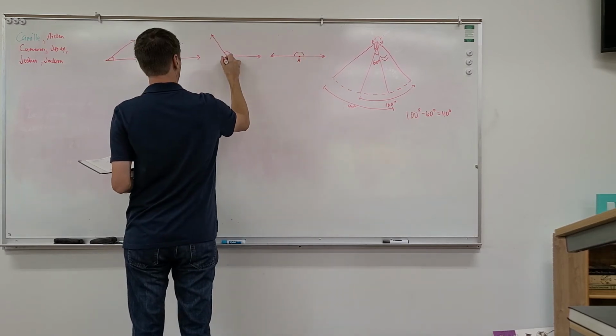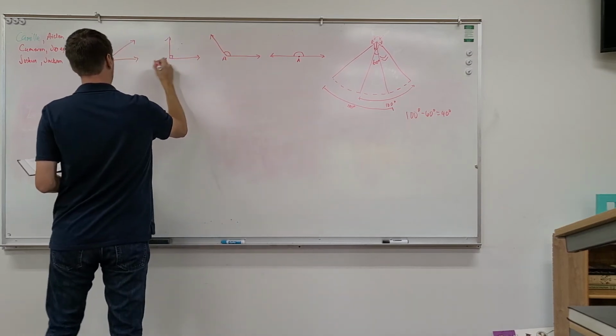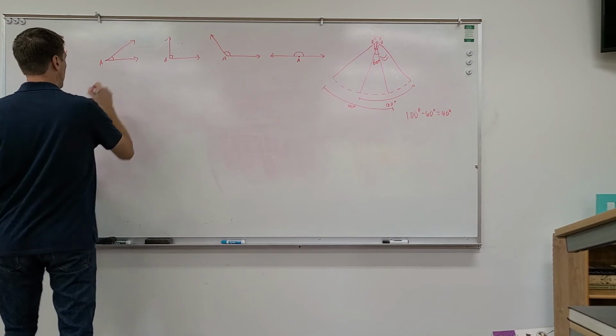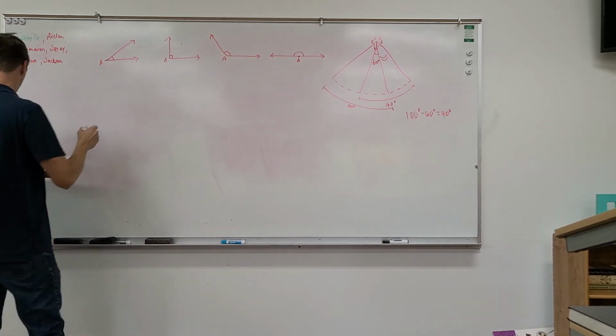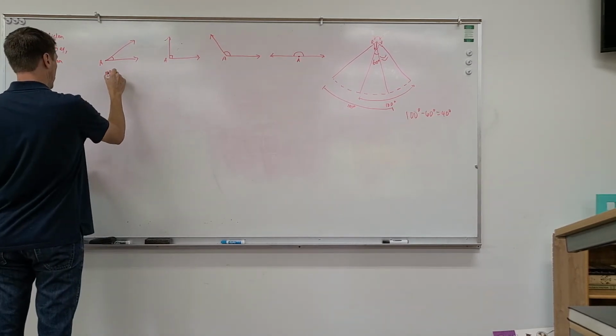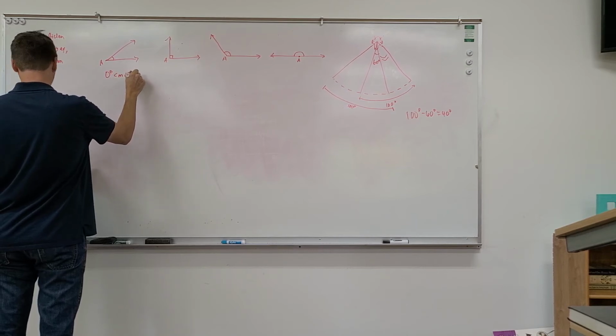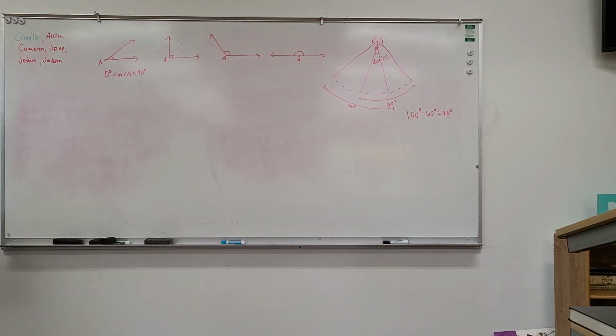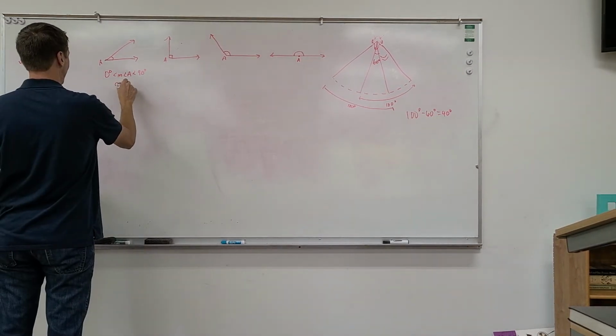We're going to give each of these angles a vertex of A. For this one, the measure of angle A is in between 0 and 90 degrees. So what kind of angle is that? Cute. It's a cute one.